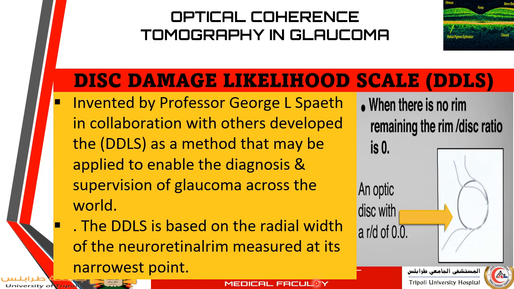So now doctors are using a new scale, the disc damage likelihood scale. This scale was invented by Professor George Spaeth in collaboration with others, and it is mainly dependent on the rim disc ratio rather than the cup disc ratio. We will go slowly and explain this rim disc ratio in detail.